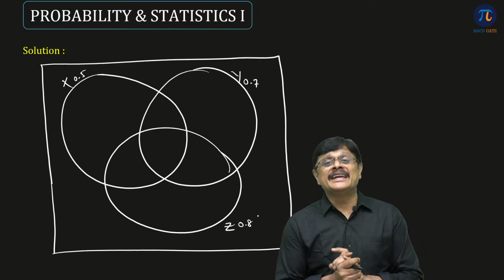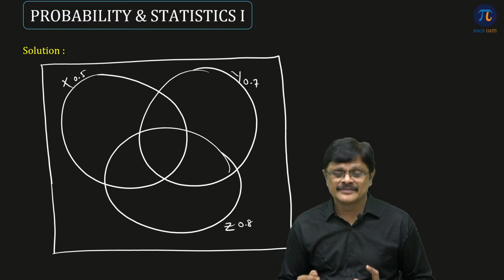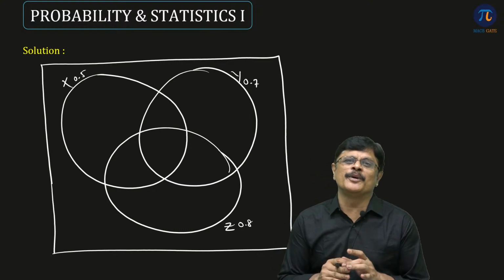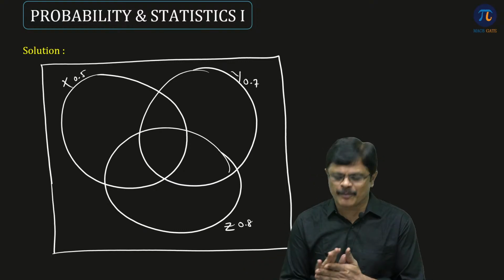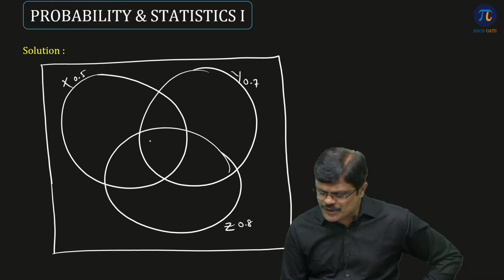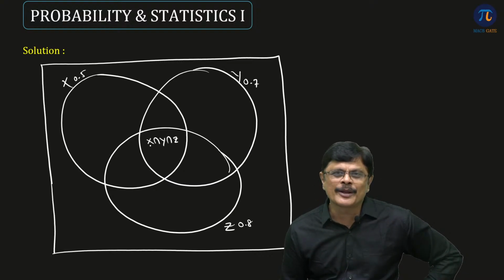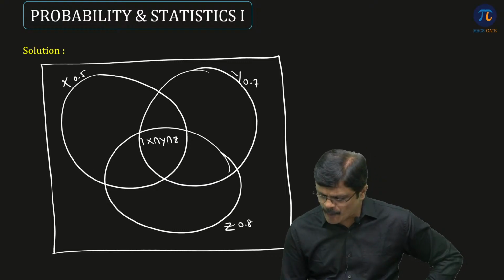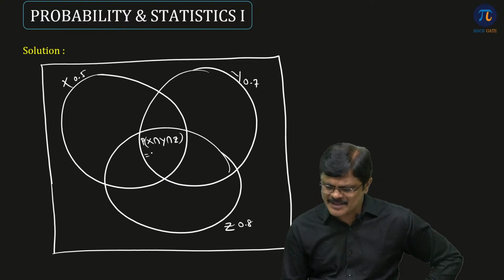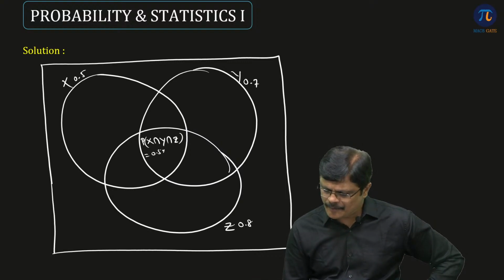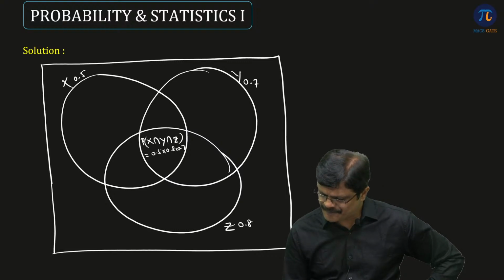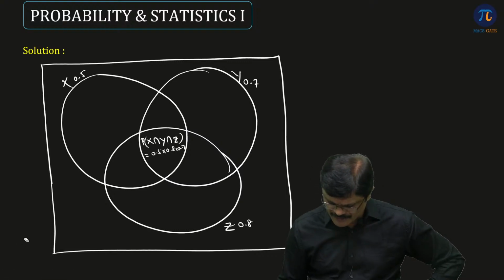Now, when the events are independent, the advantage is that the probability of the intersection is the product of the probabilities. Here this portion is X, Y and Z. So what about its probability? Just multiply the probability of X, Y and Z, that is 0.5 times 0.8 times 0.7, or let us write it in order.